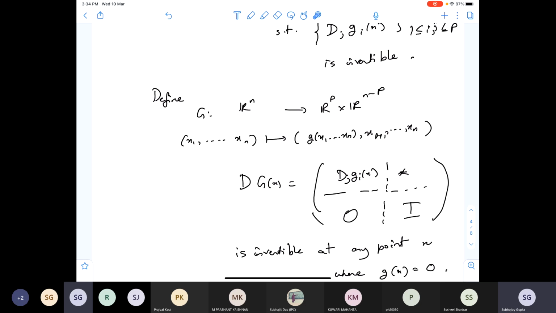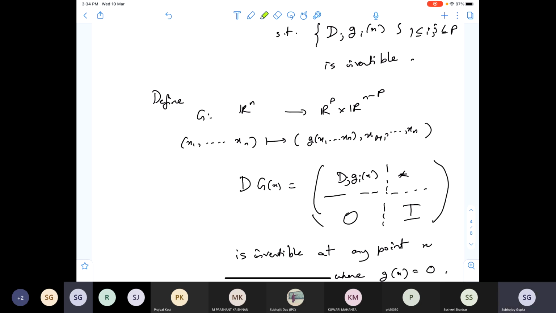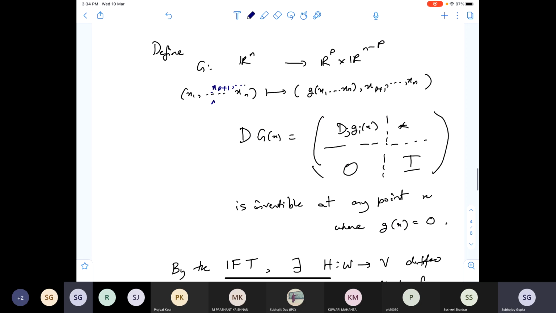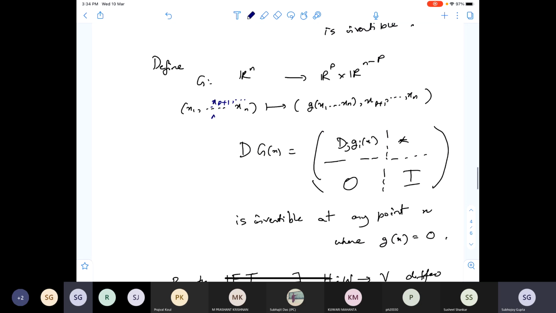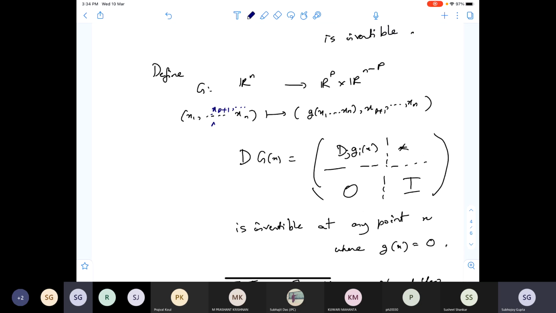So from the coordinate xp plus 1 onwards, that part just maps by the identity. So you've increased the dimension of your target, if you like. Now if you compute the derivative of this total map, the first p variables give exactly this submatrix, which is invertible.